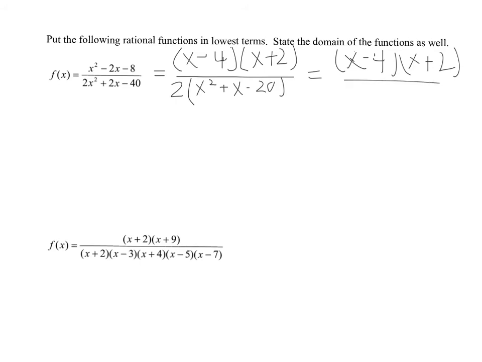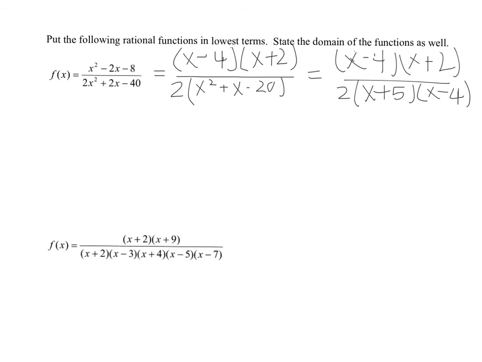In our denominator, we're looking for the numbers that multiply to negative 20 but add to positive 1, and that's going to be 5 and negative 4. So we end up with x plus 5 times x minus 4.